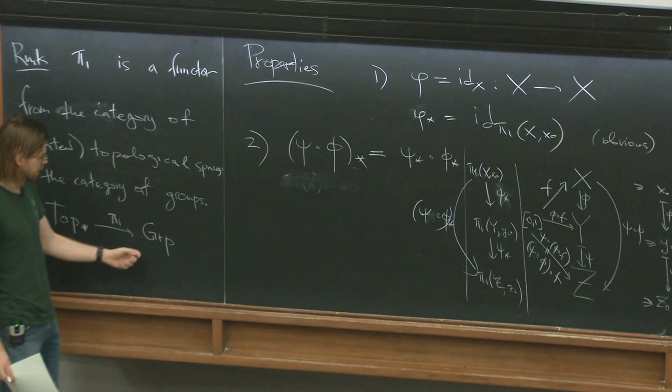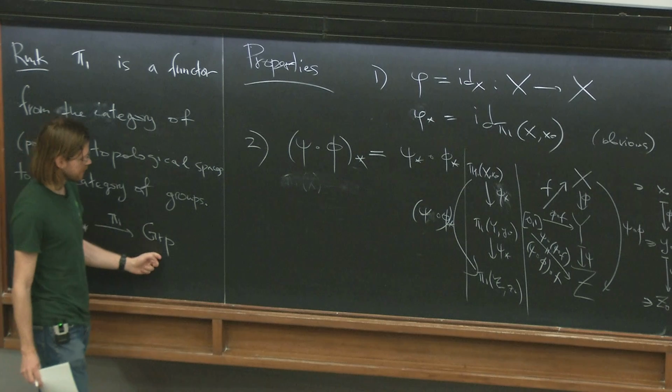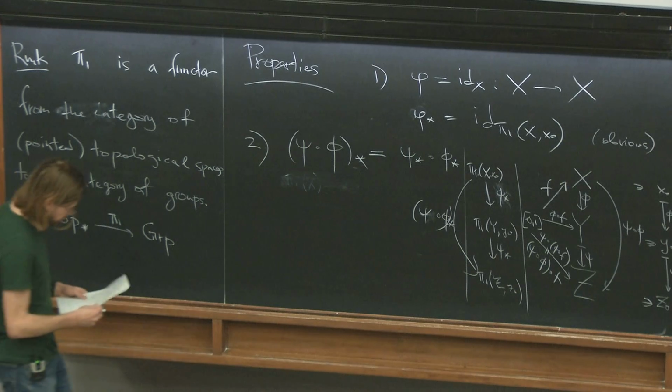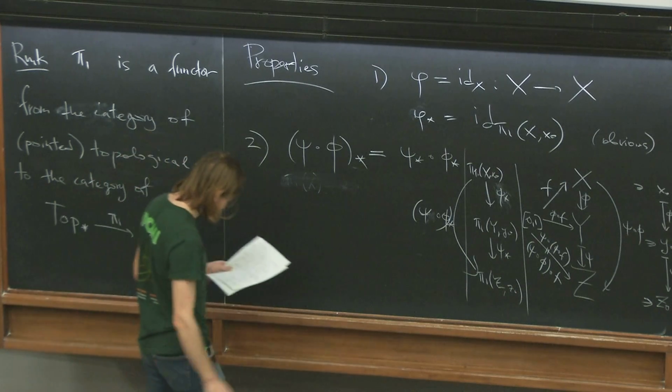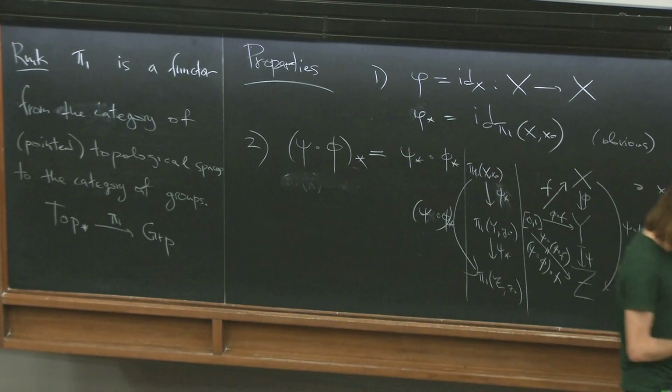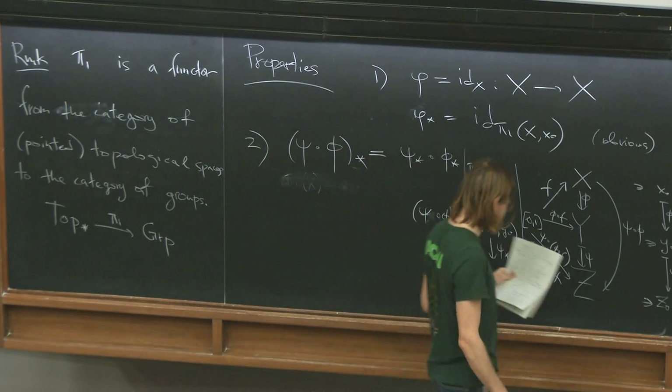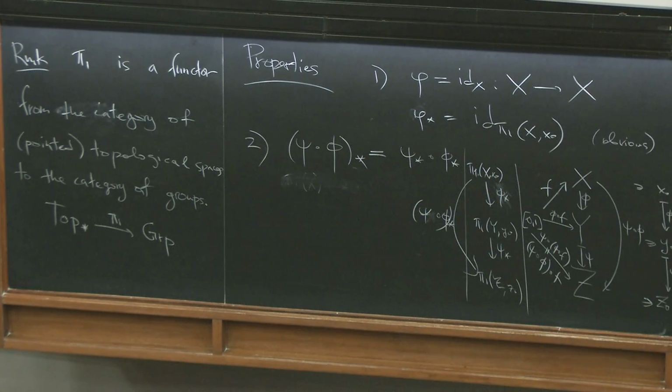And here the objects are groups and the morphisms are homomorphisms. Anyway, we are not going to use this, but if you're familiar with category theory, this may give you some sort of a bigger picture.